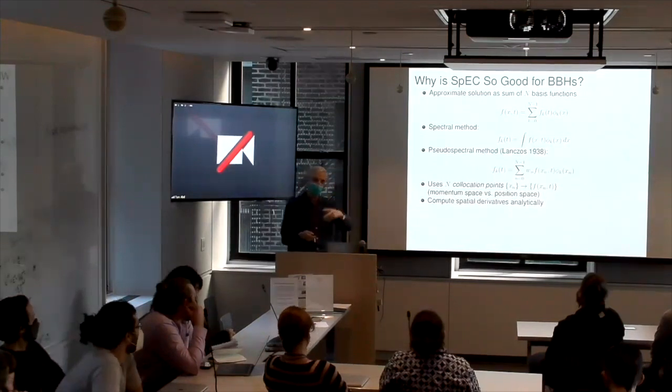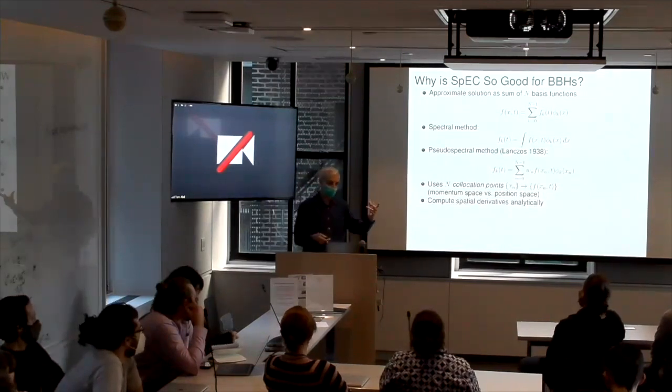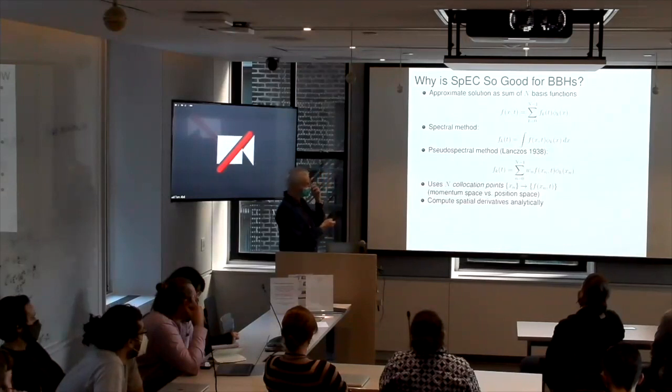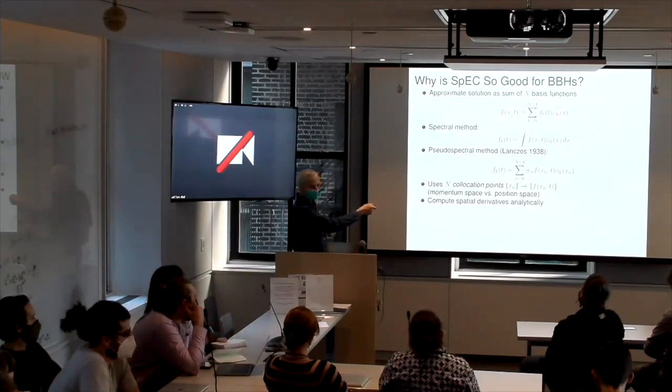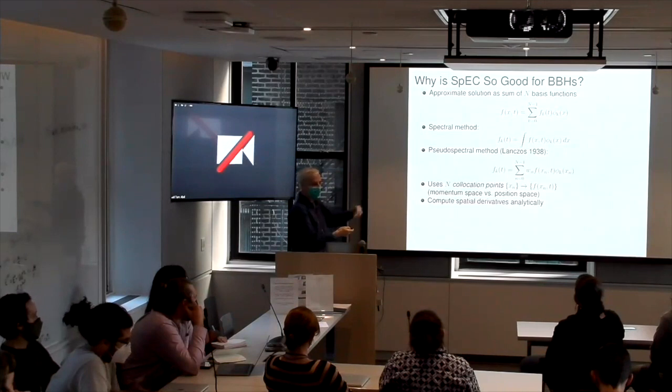So it's like having two different representations. And the nice thing about that is, if you want to take derivatives, you can differentiate this expression with respect to x, because you can analytically evaluate the derivatives of your basis function. So that's essentially exact.